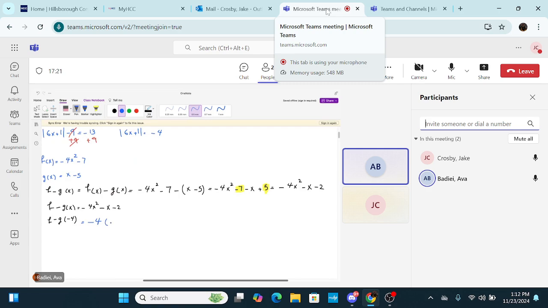Try to put this in parentheses again to make sure you don't miss any signs. So negative 4 times negative 4 squared, minus negative 4, minus 2 is equal to. This is going to be negative 4 times 16. Negative times negative is positive 4, minus 2. Okay, what do you think is the answer for this one?